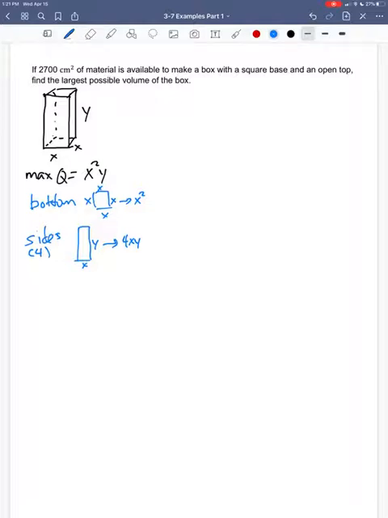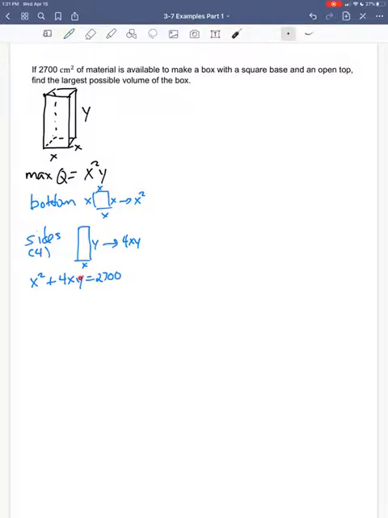I don't have to worry about the top here. And I know that the total of that material has to be 2,700 square centimeters. So if I take x squared plus 4xy, that has to equal 2,700. Now I'm just going to solve this for one of the variables.